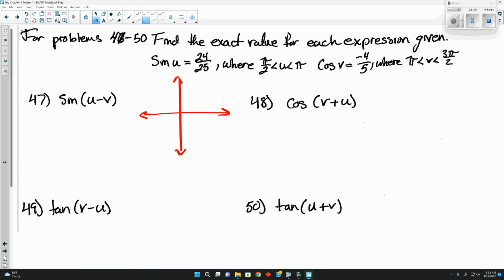There's the same triangle, same values. So sine of U being 24 over 25, cosine of V being negative 4/5 is going to stay the same. U is going to be between pi over 2 and pi, so over here. V is going to be between pi and 3 pi over 2 down here. So sine is 24 over 25, opposite over hypotenuse.